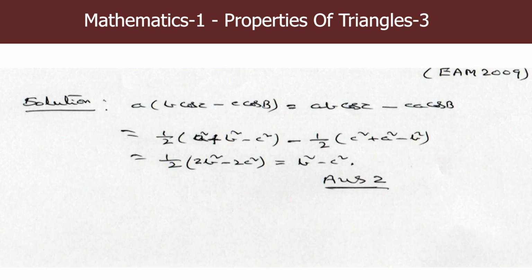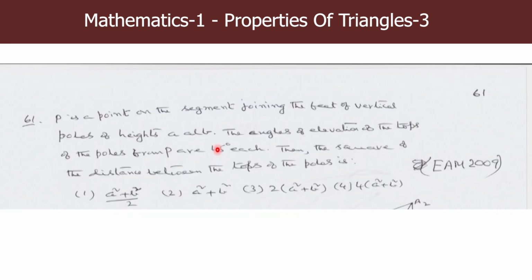Now a(b cos C − c cos B) is equal to, if you multiply, ab cos C − ca cos B. But ab cos C, by the cosine rule, is half of (a² + b² − c²), minus half of (c² + a² − b²), using the cosine formula. So that is half of (2b² − 2c²), which is b² − c². So the correct answer is option number 2.